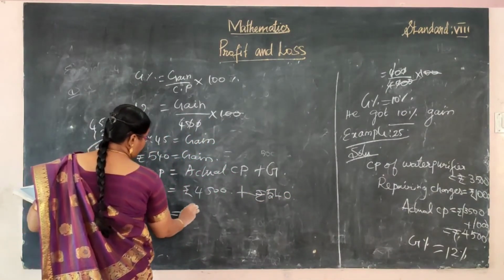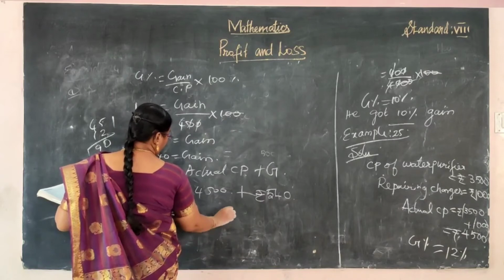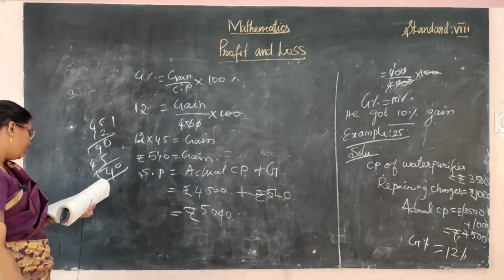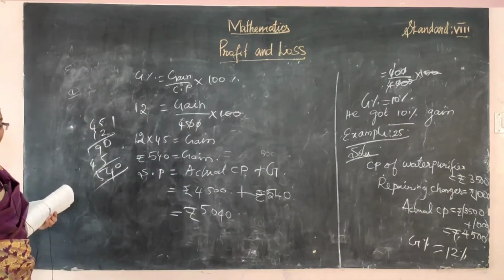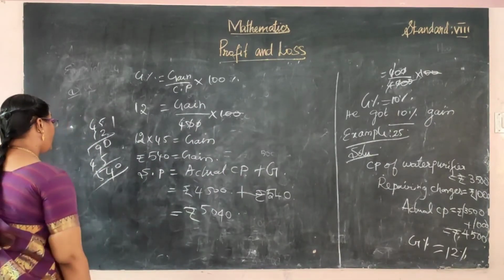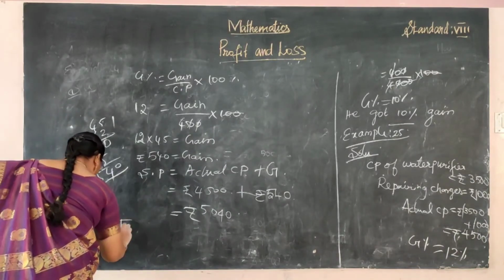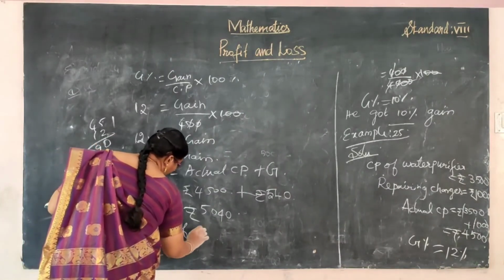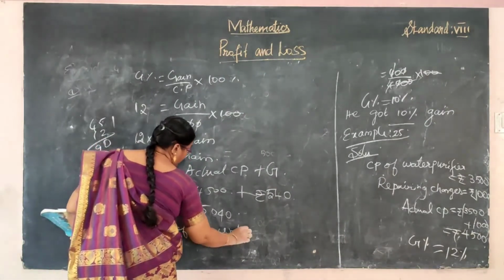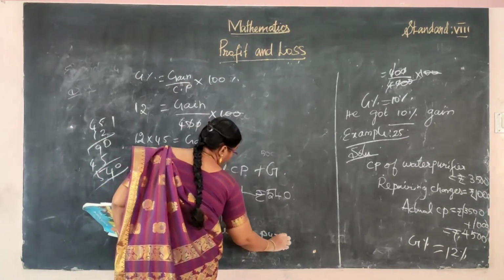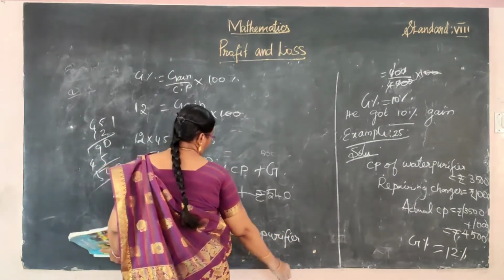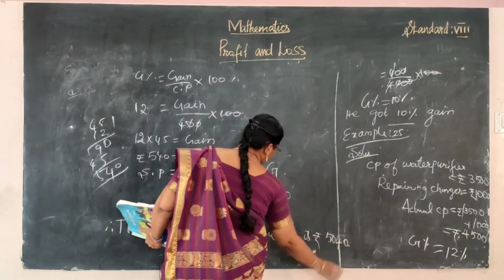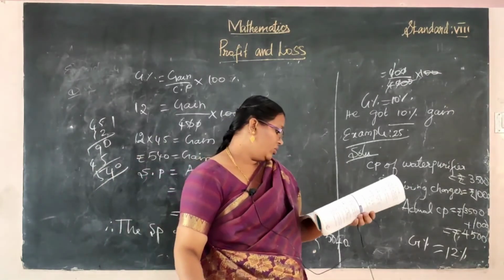Add these two values. So 5,040. The selling price of the water purifier is rupees 5,040. Therefore, the selling price of the water purifier is rupees 5,040.